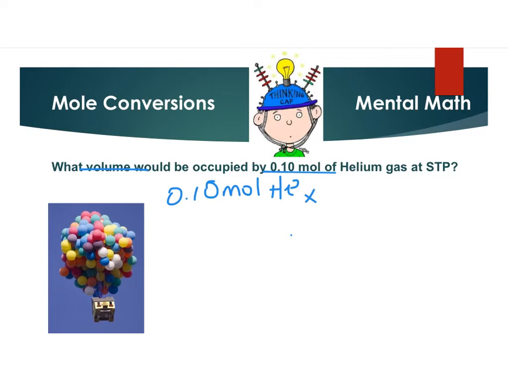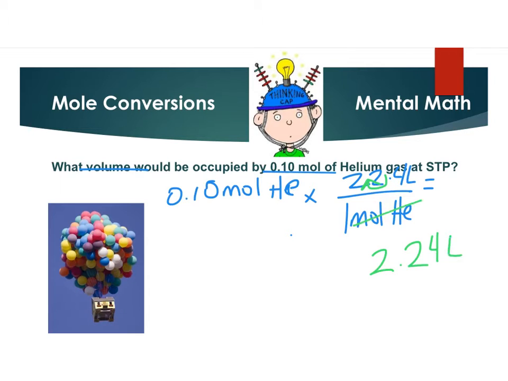And you know that for every 1 mole of any gas at STP, in this case helium, it is 22.4 liters of that gas. 0.10 times 22.4, you're really just moving the decimal place over 1. If you're unsure of that, probably ought to go back and watch our metric conversion stuff that we did at the beginning of the year. So moles cancel out. You're left with 2.24 liters of helium gas.